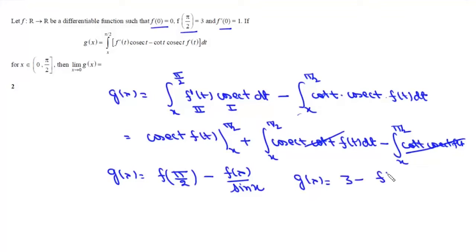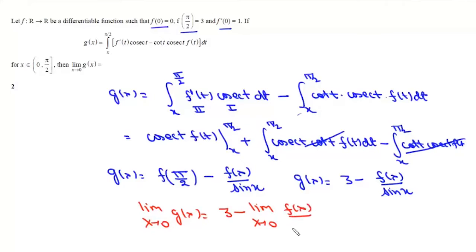Now f(pi/2) is 3, so the value of g(x) is 3 minus f(x) upon sin x. Now we need to find the limit as x tends to 0 positive of g(x). So this limit will be 3 minus the limit as x tends to 0 of f(x) upon sin x.